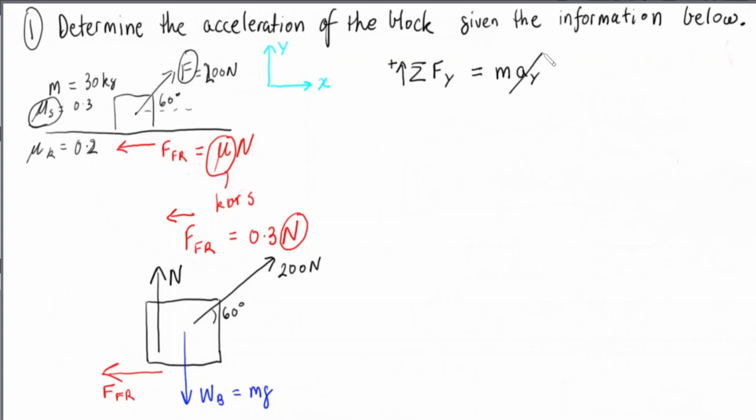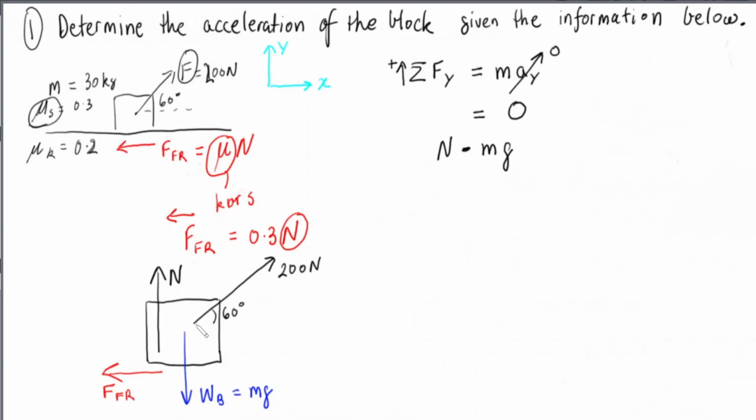That acceleration is going to be 0, so the sum of all the forces is going to be 0. We can substitute all the forces in the y direction. We've got normal, which is positive because we've taken up as positive, minus the weight force, which is mg.